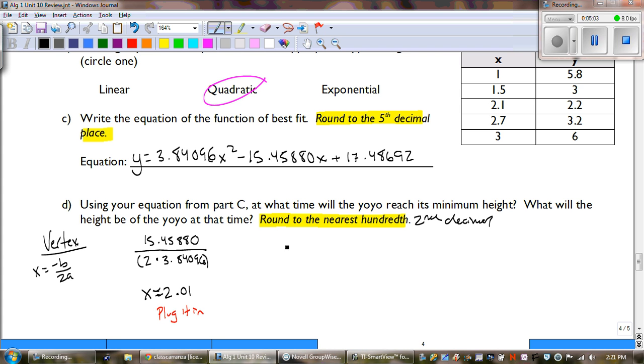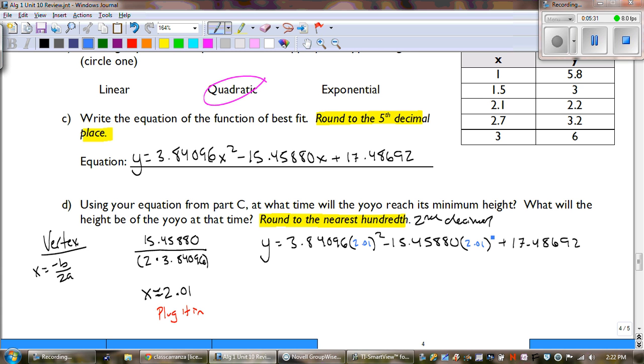And we're going to go into that huge equation that we just found, the 3.84096. We're going to take that and square it. So that's a lot of numbers in the calculator, so I'm not going to do that. I'm going to make you do that.